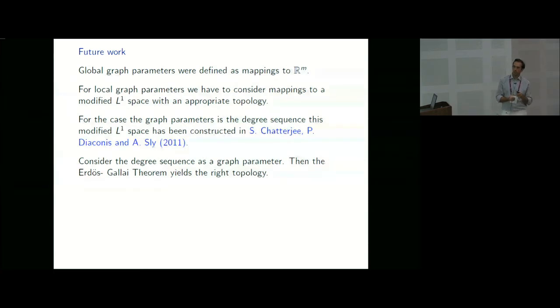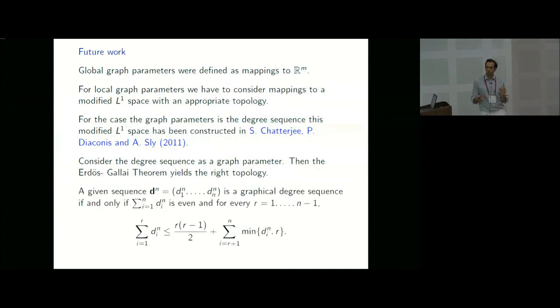In that sense, you're working in a function space, in this modified L1 space, and the suitable topology of this space is given by the Erdős–Gallai theorem, which says that the given degree sequence is graphical if and only if the sum is even, and this condition is met.